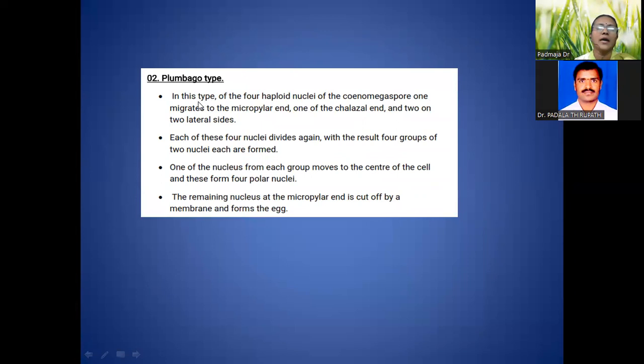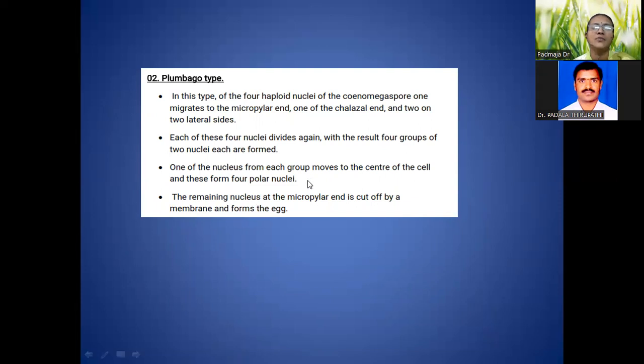In this type, of the 4 haploid nuclei of the cenomegaspore, one migrates to the micropylar end, one to the chalazal end, and 2 to the 2 lateral sides. Each of these 4 nuclei divides again, which results in 4 groups of 2 nuclei each. If you see the diagram, we can clearly understand what nuclei are present at the micropylar end and the chalazal end.